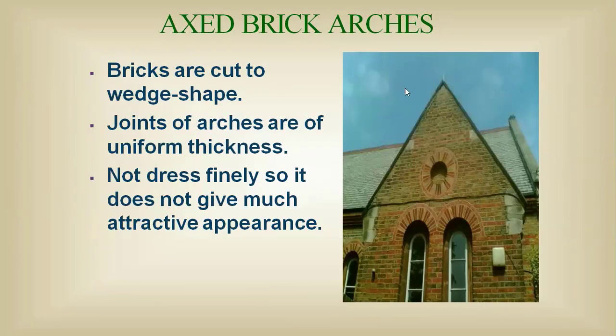Next is the axed brick arch. In this type of arch, the bricks are axed to the required wedge shape. Hence the thickness of the joints is uniform. You can see in the figure also how axed brick arches look. This type of arch also does not give a very attractive appearance.